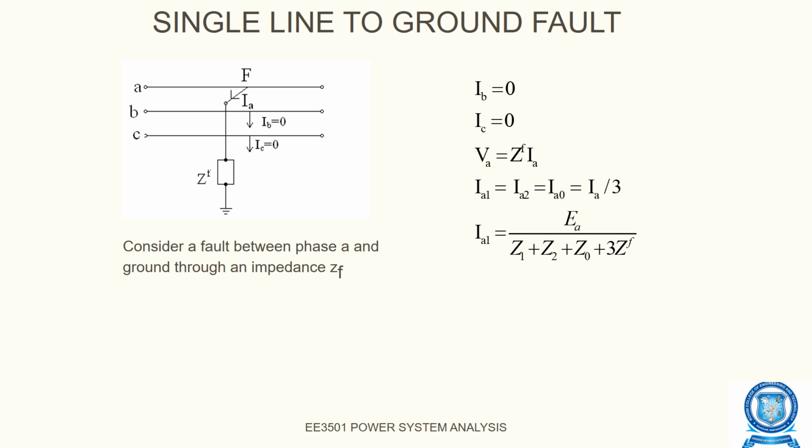If you are plotting the positive sequence, you need to represent everything, the impedance values and all, in positive sequence. For the negative sequence, you represent everything in negative sequence components, and similarly for the zero sequence.